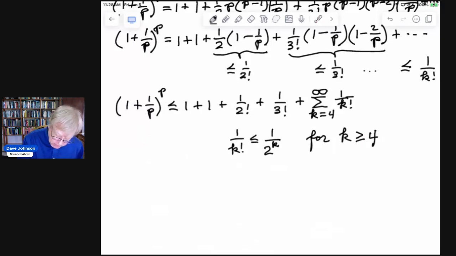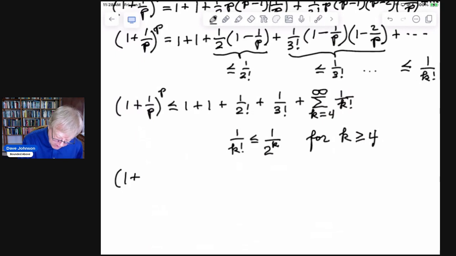So I can replace this 1 over k factorial, because k is greater than or equal to 4, with 1 over 2 raised to the k. Let me go ahead and do that.